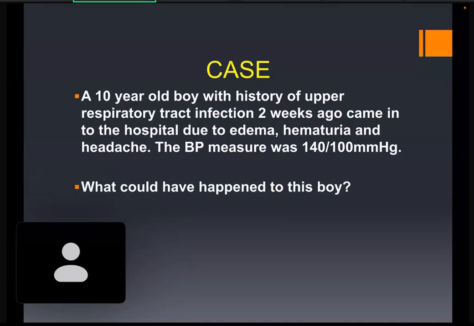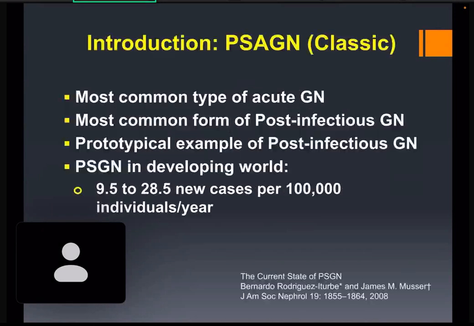What's the problem of this boy to start with? Those were the problems, no? Clearly the blood pressure, even if you look back on my lecture yesterday, is a high blood pressure. Now we go to the discussion on post-streptococcal glomerulonephritis so we can understand what's going on with this patient.